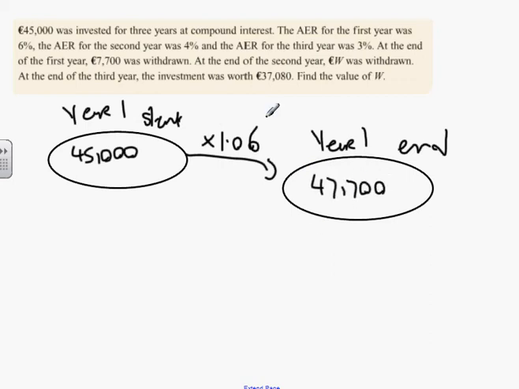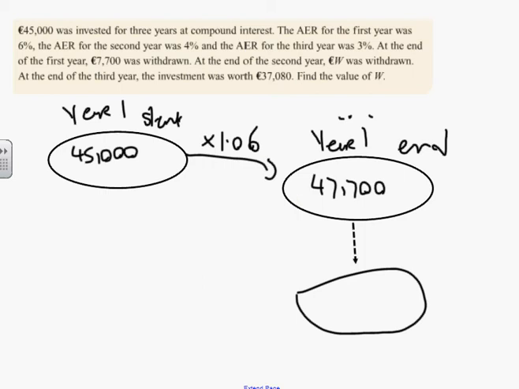47,700. You do nothing between the end of year 1 and the start of year 2. Oh, do you? Sorry, you do take out minus 7,000. So take out minus 7,000. Sorry? 40,000. Oh, yeah. You take out how much? 7,700. Okay, and why?